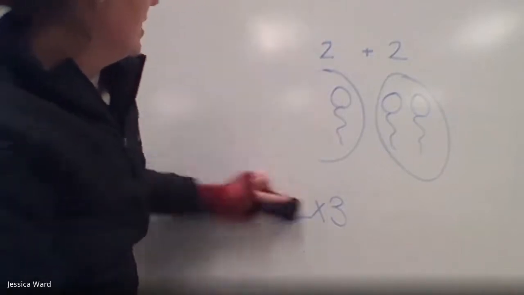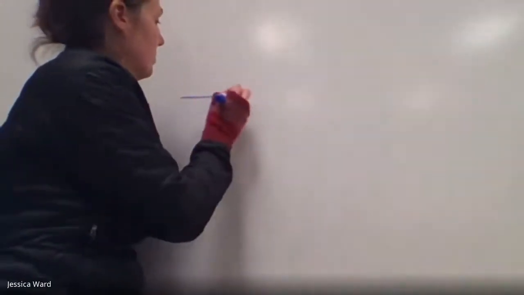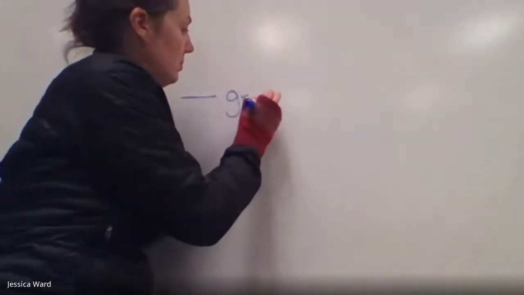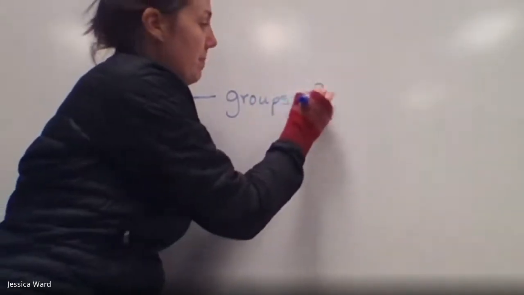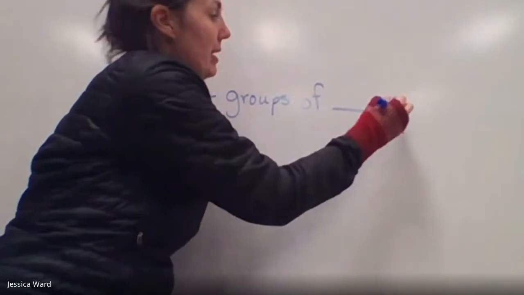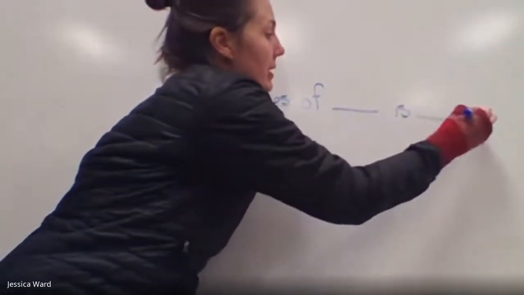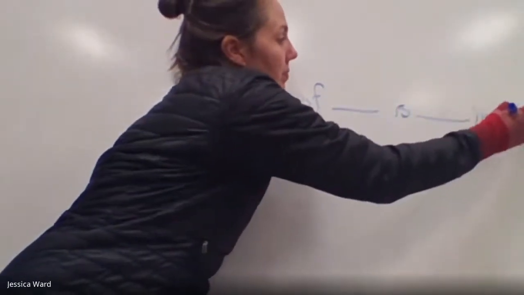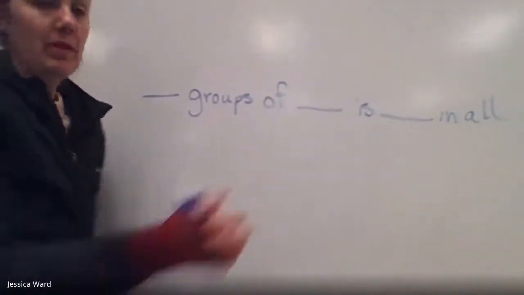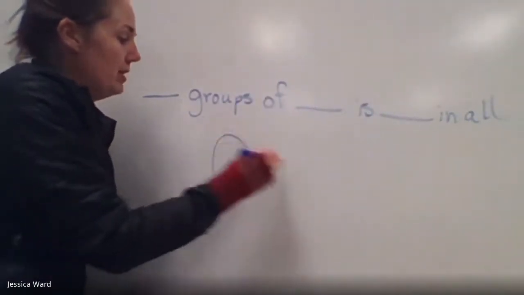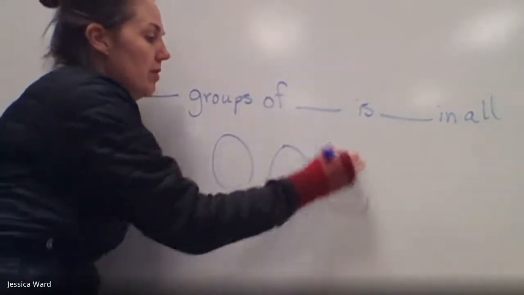So the sentence says that we have blank groups of blank is blank in all. So if I think back to my groups, I have 1, 2, 3 groups.